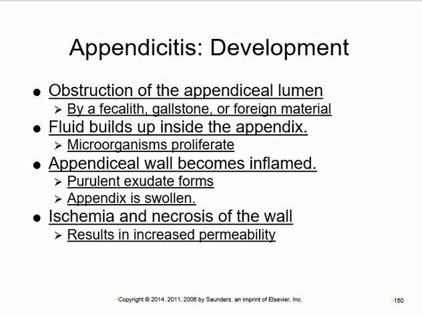It can rupture. Did you understand the reason? Obstruction of the lumen. If you obstruct the lumen, this will be followed by infection. If you don't obstruct it, secretions go out all the time, no problem. If you close it, this is the problem, and it will lead to inflammation.